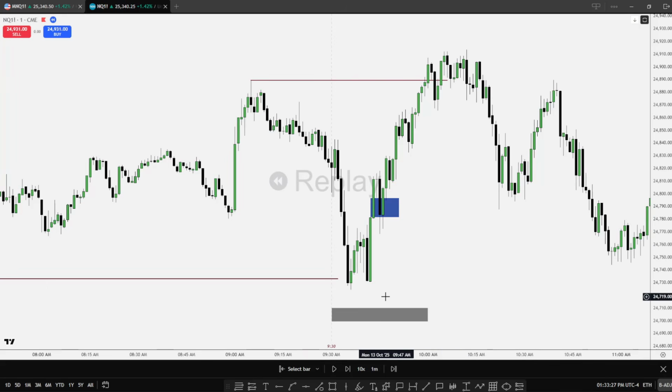It doesn't matter if it's low of the day or not, I expect there to be a low. So whenever I am in this time window, all I'm looking for is a fair value gap. And just between time and then that fair value gap with something that I'm already kind of expecting, that is really all I need.